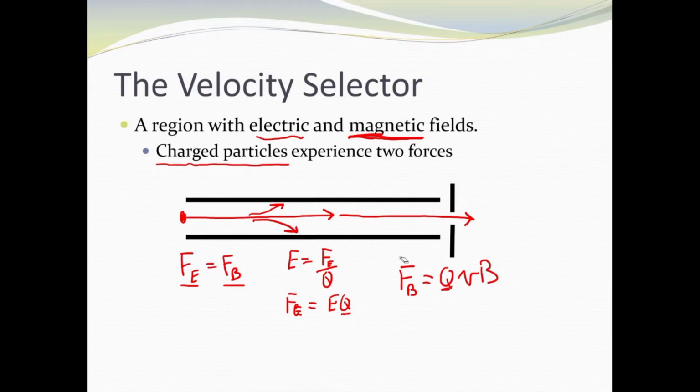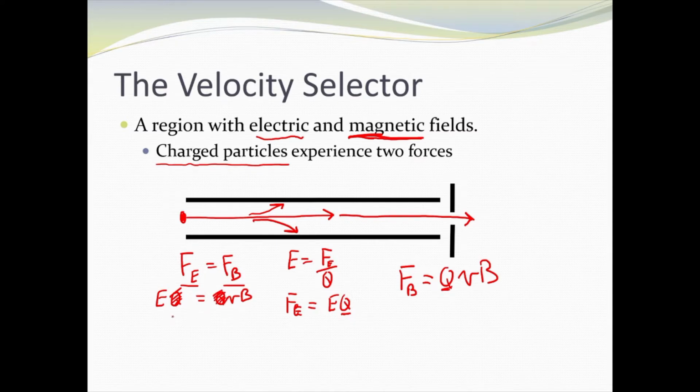Now because I know that the electric force and the magnetic force have to be equal, I can set the equations equal to each other. So electric force has to equal magnetic force. As you can see, the charge of the particle doesn't actually even matter at this point.